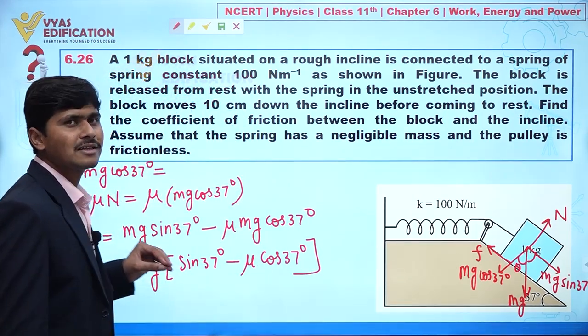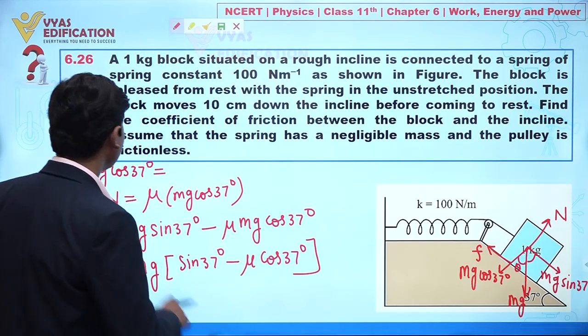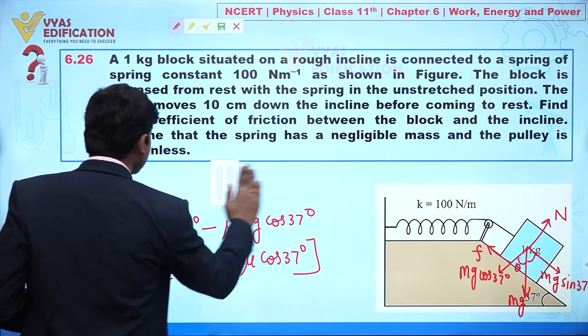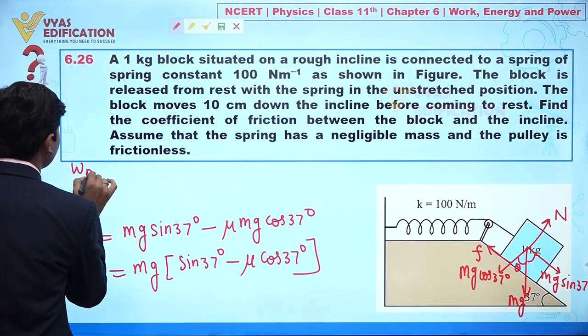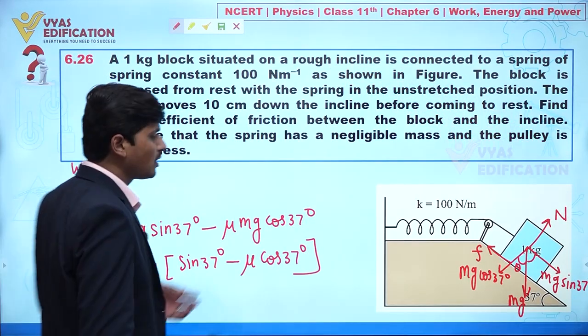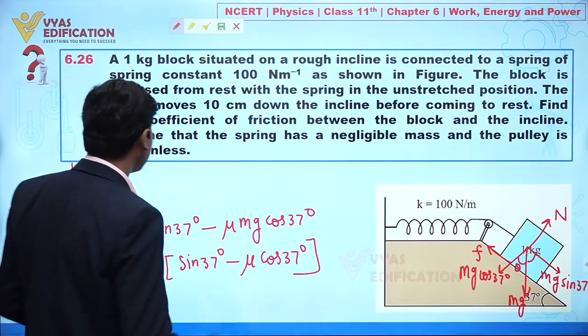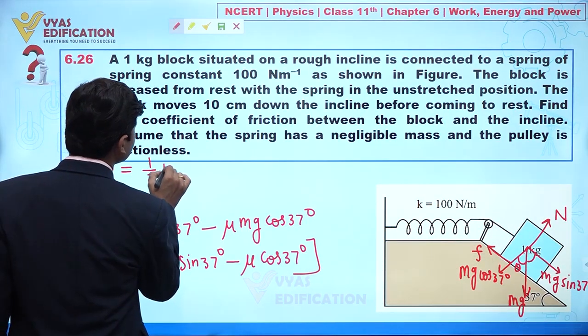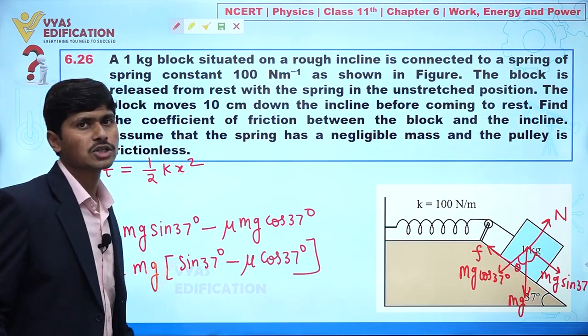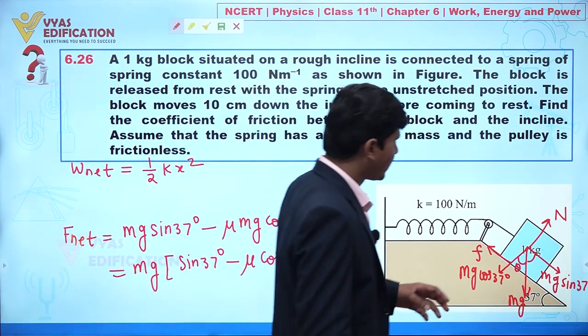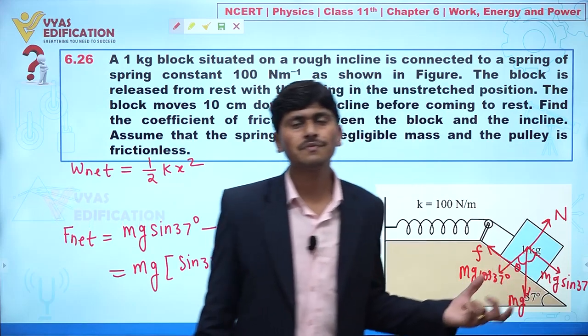What is the work done by the net force? The net work done by this net force is stored as the potential energy of the spring. This is the concept, and here the friction force is acting.